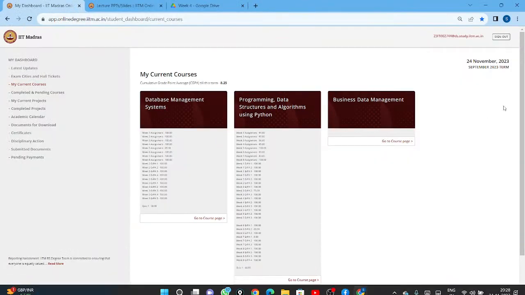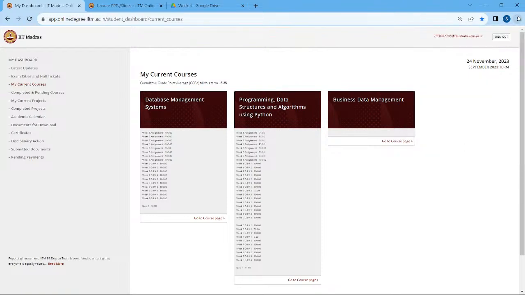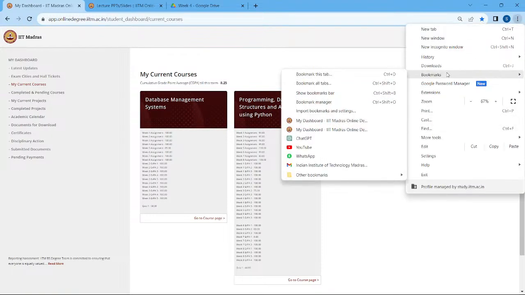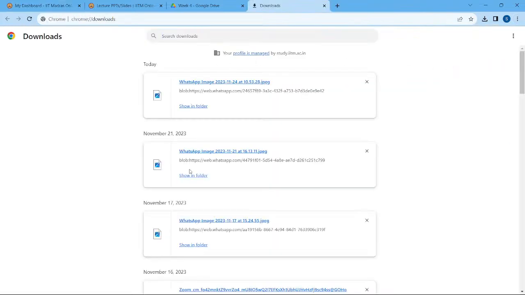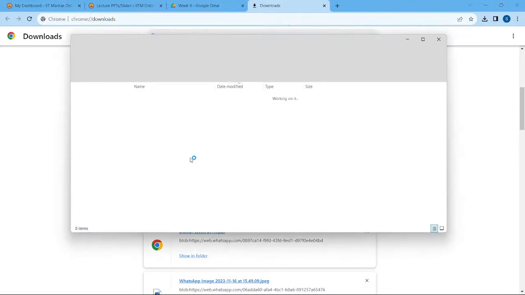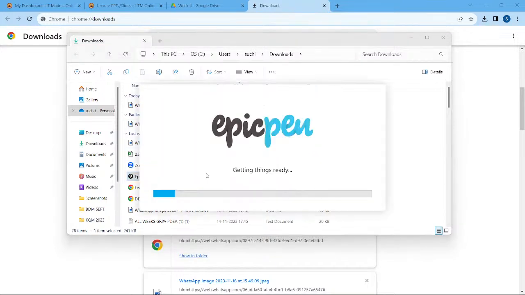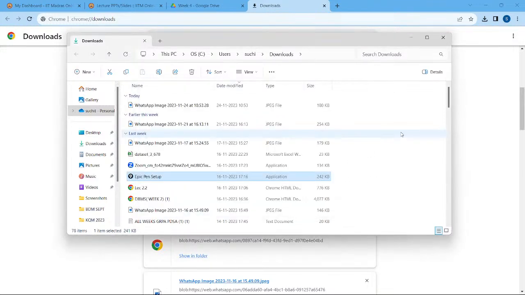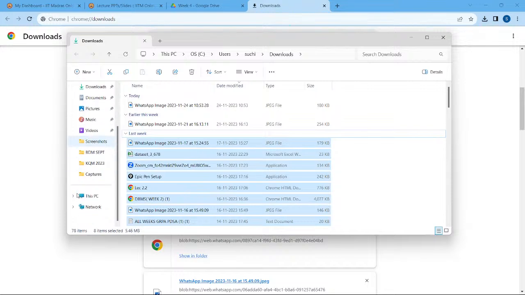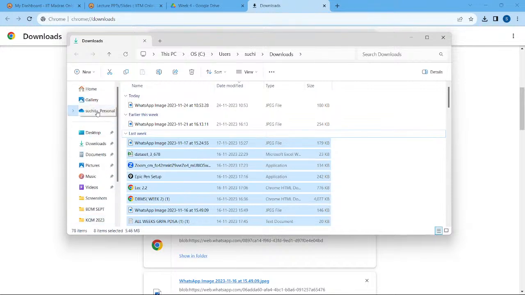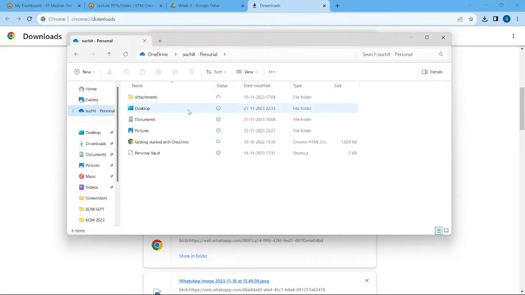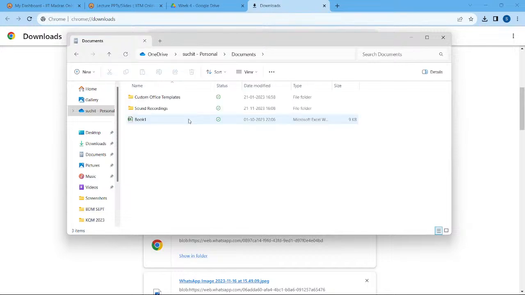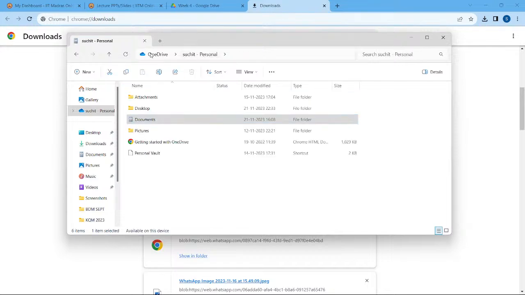I guess I will find it in downloads. Show in folder. No, no, no. I don't think it is here. I think it is in documents. Not even in documents. Let's go to OneDrive.